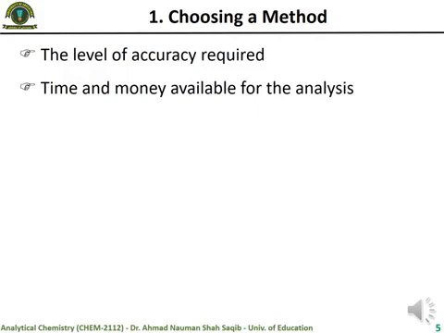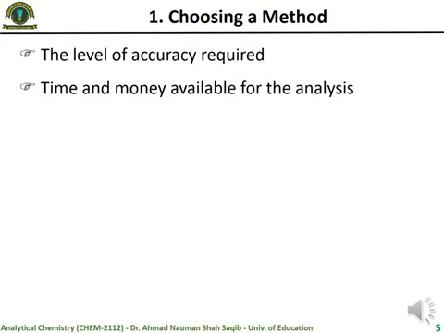While the same analysis with less accuracy can be performed in less amount of time and with less money being used. So it also depends on what kind of sample you have for analysis and उसके ऊपर आप कितना time and money spend कर सकते हैं. That helps you determine the type of method for the analysis.